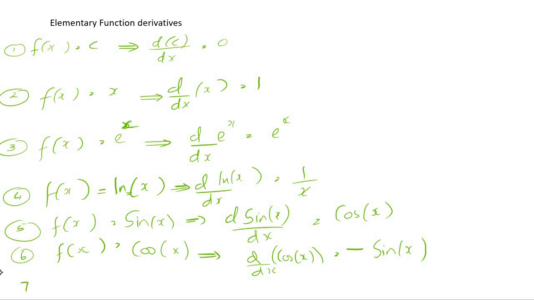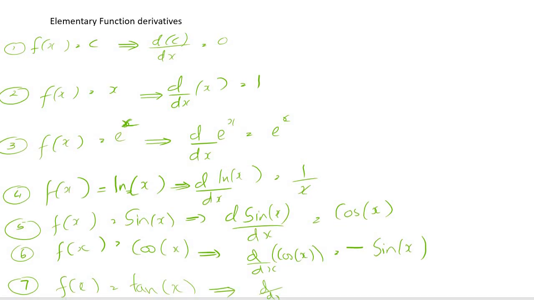Then finally, f(x) equals tan x. The derivative of tan x is secant squared x, which is also equal to 1 over cos squared x.